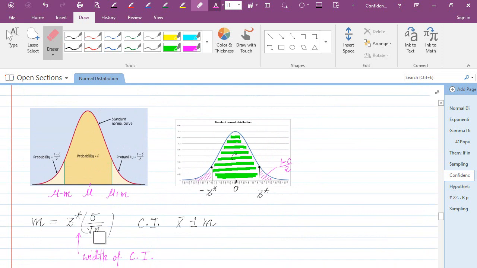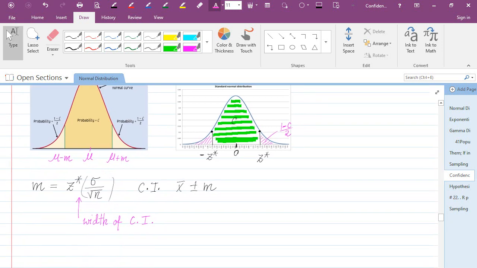Now sigma over root of n is the standard deviation of x bar, or the population standard deviation over the root of the sample size. And the margin of error is the half-width of the confidence interval, and the confidence interval is given by x bar plus or minus m.